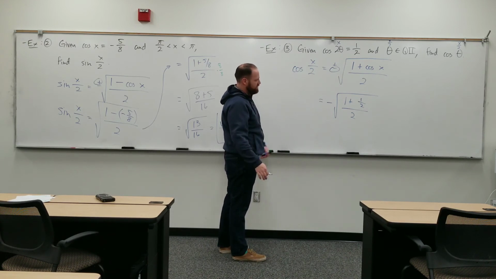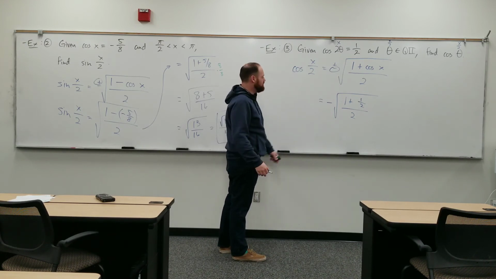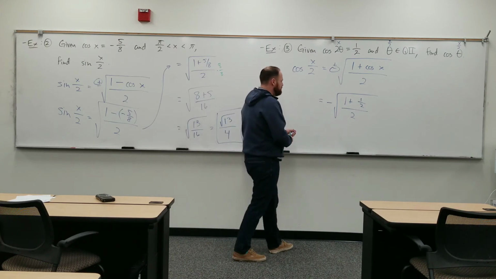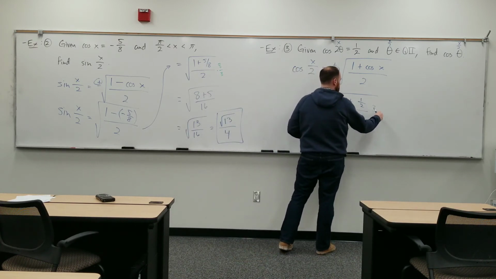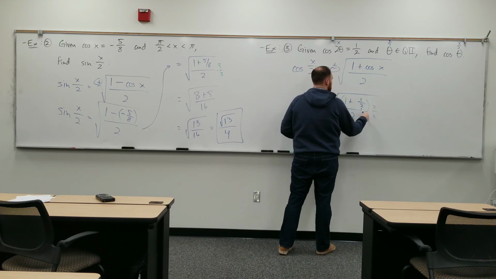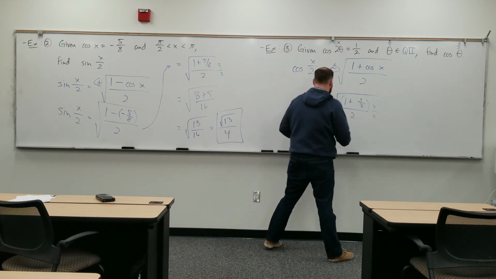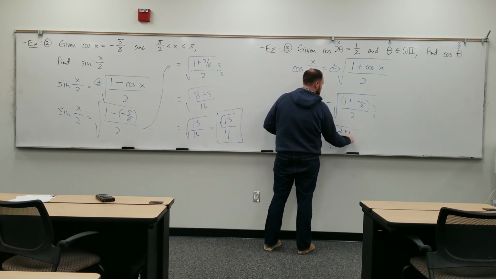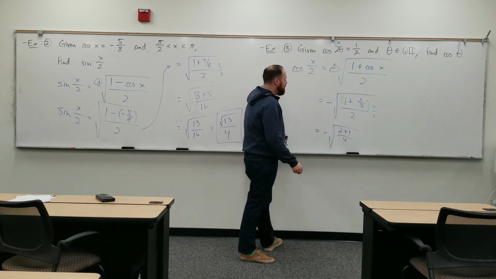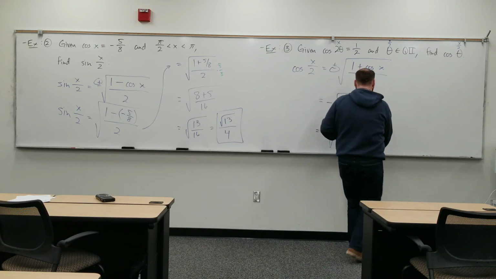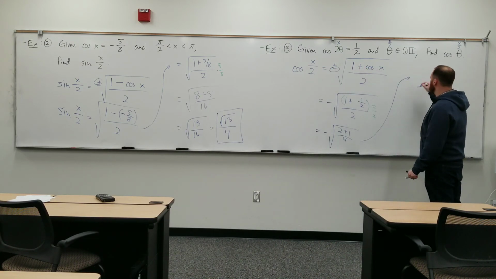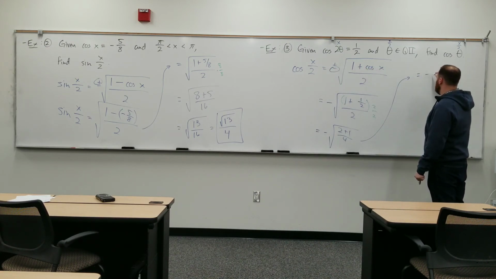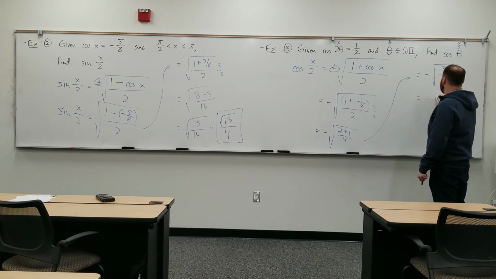The rest is simplifying. You can multiply by 2 over 2, and you get negative square root of 2 plus 1 over 4. So that's negative square root 3 over 4, or in other words, negative root 3 over 2.